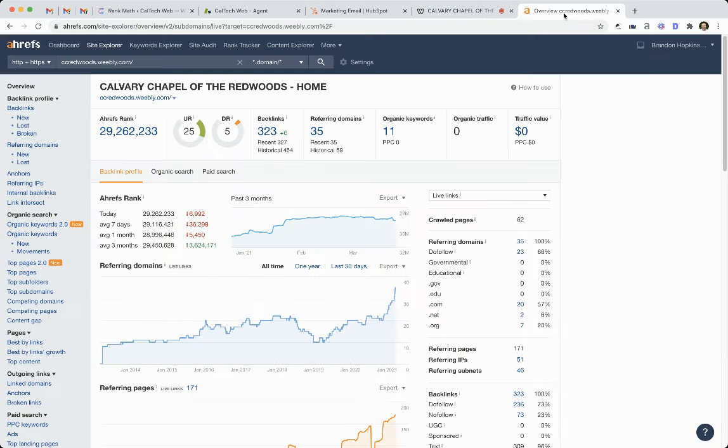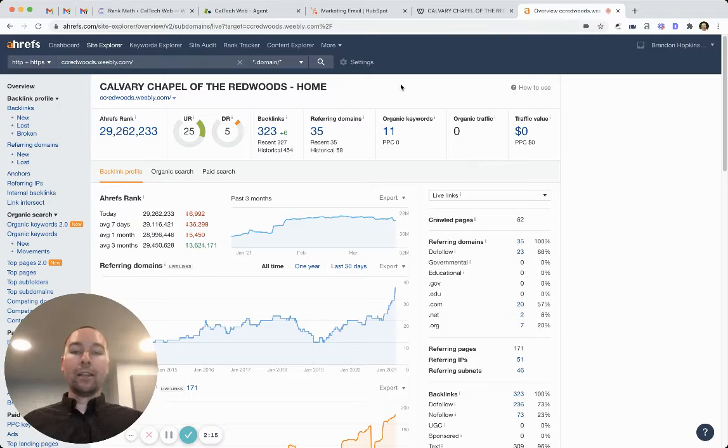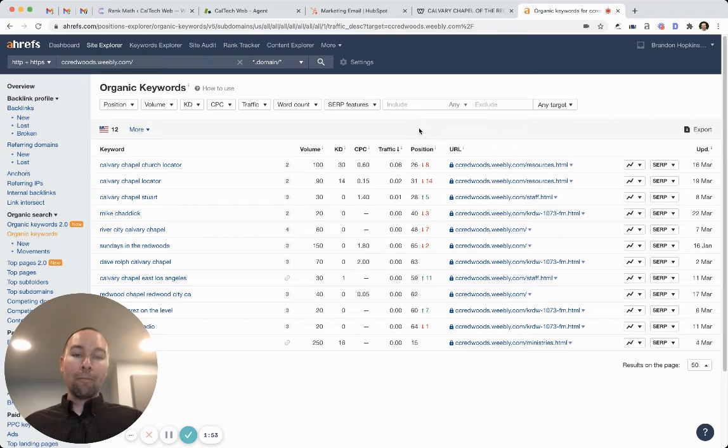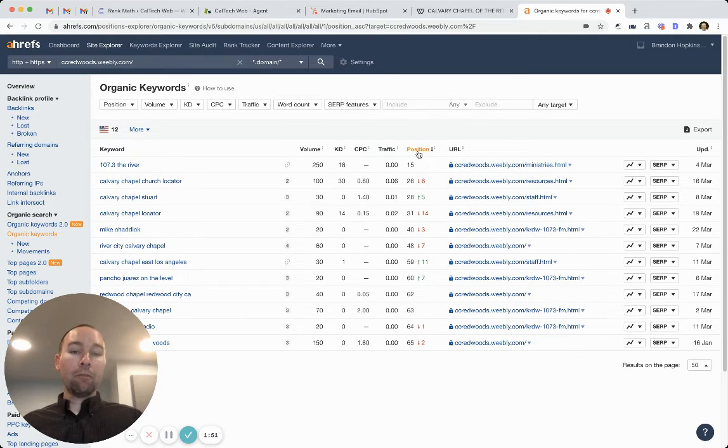Now, I mentioned having your website on Weebly. This is a third-party tool that shows us when someone goes to Google and searches for different keywords, are they finding ccredwoods.weebly.com? You rank for a total of 11 organic keywords, which is a pretty low number. But the bigger problem is the position of those keywords, which is this column right here.